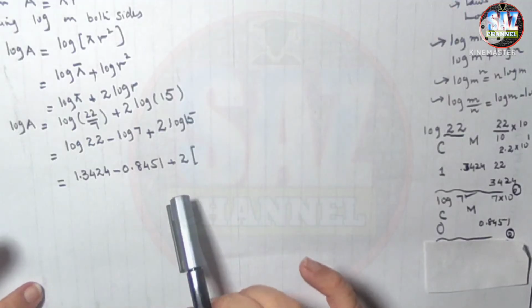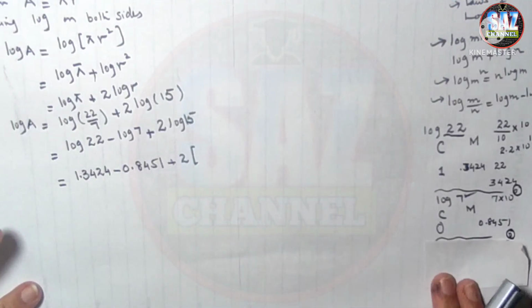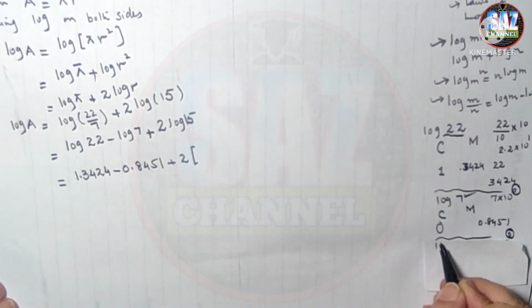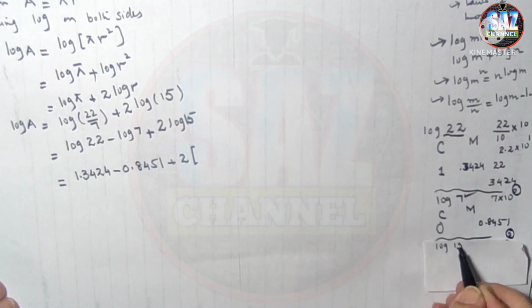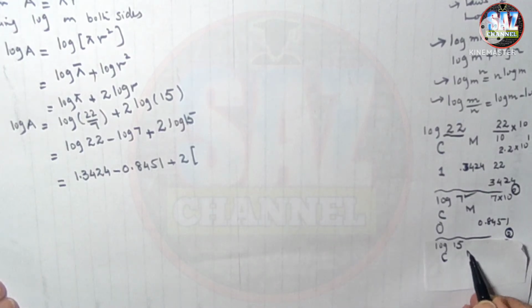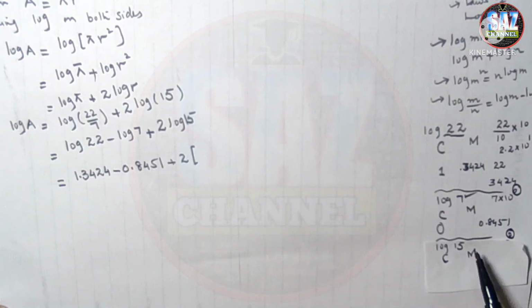And now the third number for which we have to find the log is log 15. Again we know that the log of any number consists of 2 parts, characteristic and mantissa.